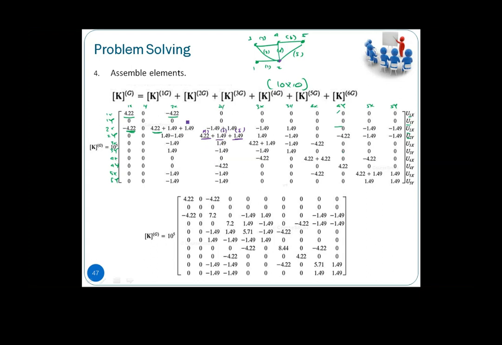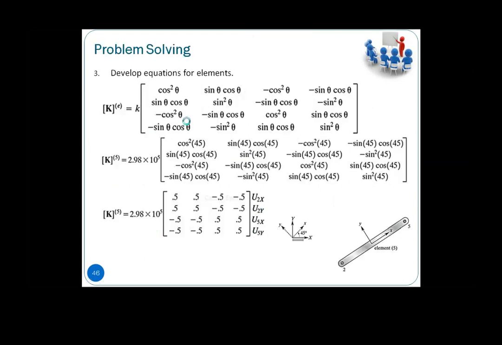Okay, 2x itself, just now, if you look into here, we have also covered this 2x. Okay, at here, 1.49. Okay, we have this u2x. You see that we have this u2x at here.